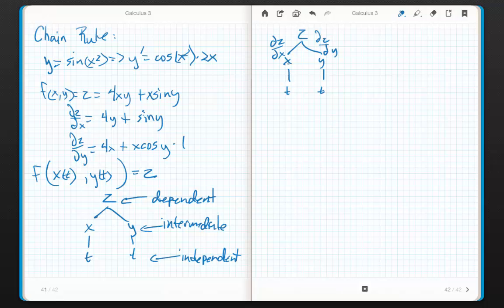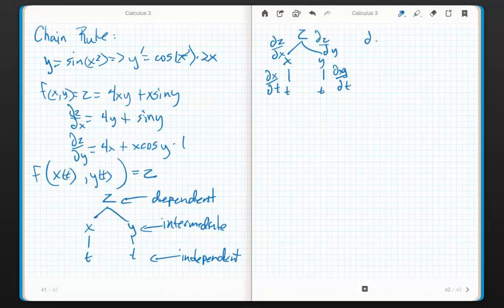If I want to get from here to here, I go dx. I'm going to take the partial, but the partial really doesn't make any sense. I can actually write this as a full d because x is just a function of one variable. But I'm going to write it like a partial because it's easier to look at algebraically. So this is dy over dt.